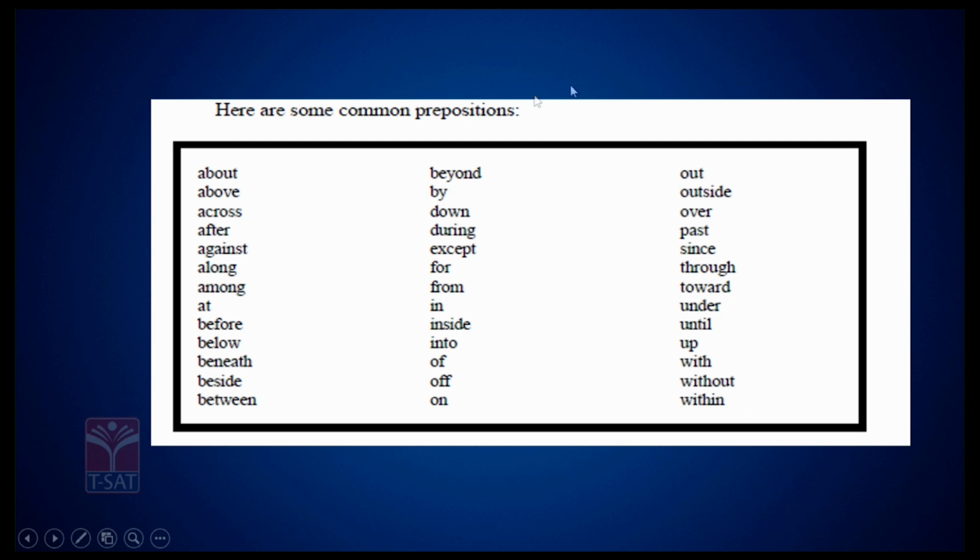So, these are the very frequently used prepositions from your examination perspective, examination reference.